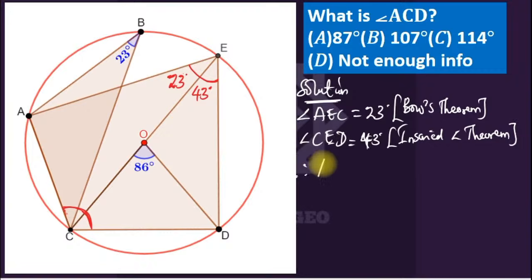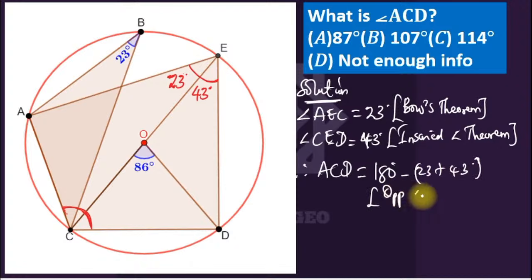Therefore, ACD should be 180 minus the sum of 23 and 43. Why is this so? Opposite angles of a cyclic quadrilateral are supplementary.